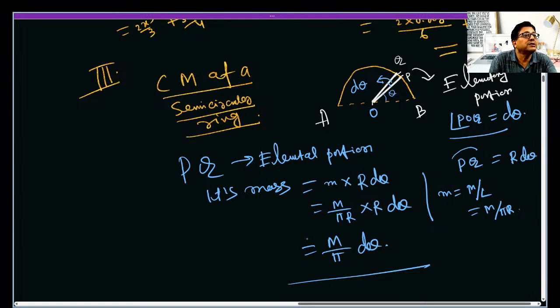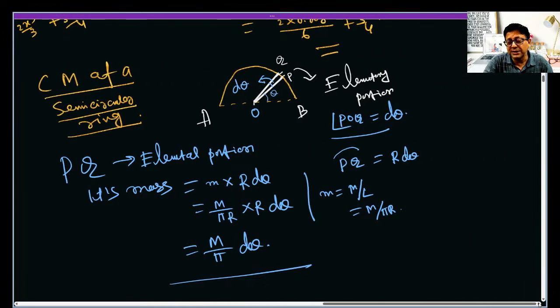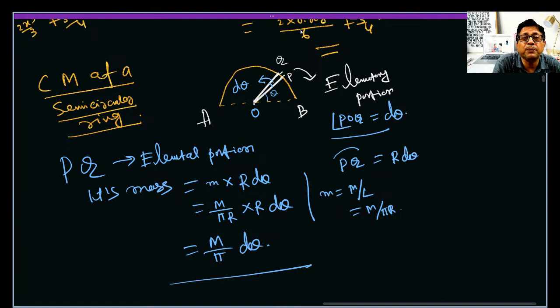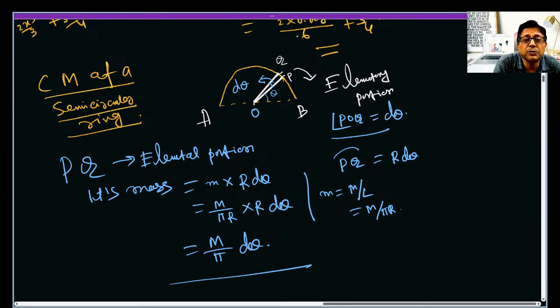Now we have to write the x coordinate of center of mass and the y coordinate. How to write the x coordinate? We need the x coordinate of this point P. How to draw the perpendicular here? So this portion is x and this is y. This is your y axis.